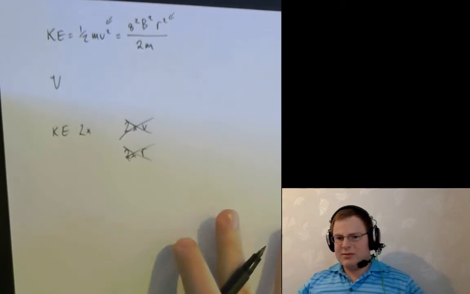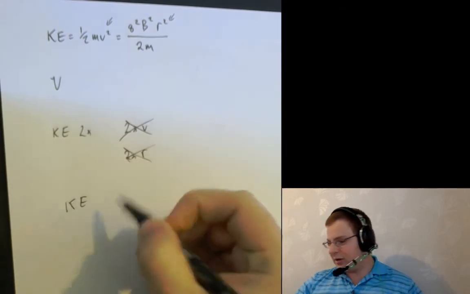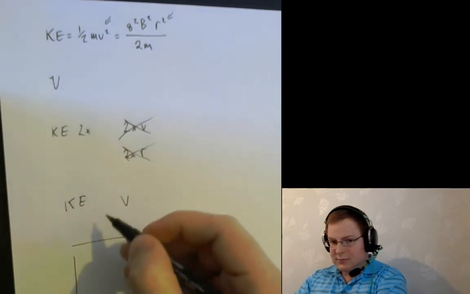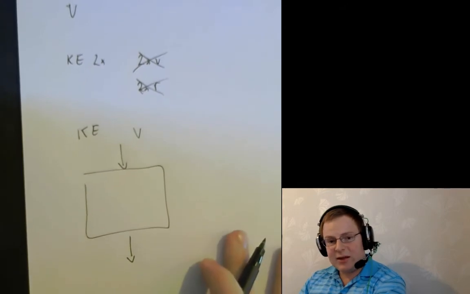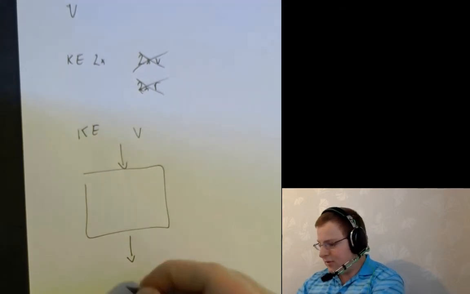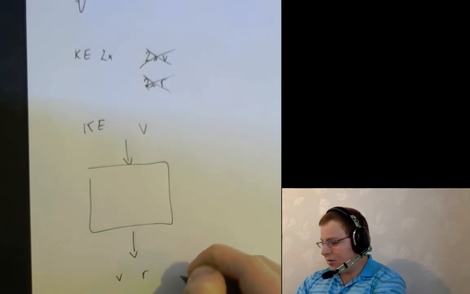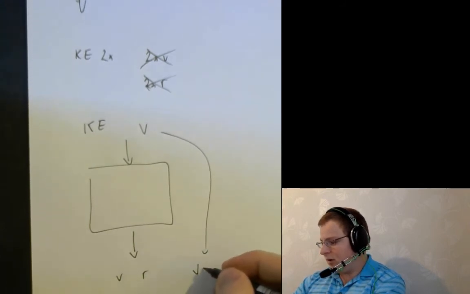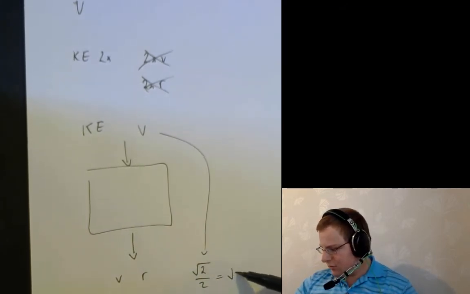So that basically goes to show us that every single time that we put in a certain amount of kinetic energy with respect to our voltage into the cyclotron, what we ultimately wind up seeing is the velocity and the radius going up by a factor of square root of 2 over 2, which is the same as the square root of 2.